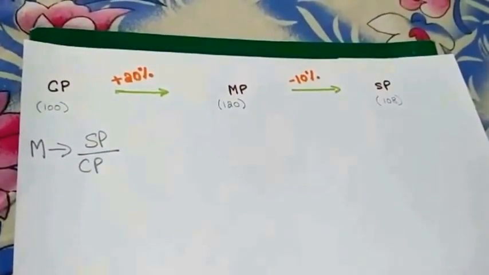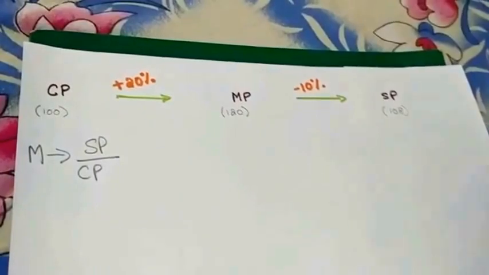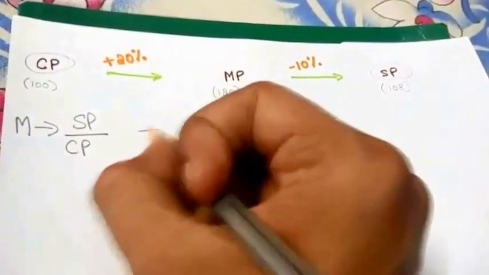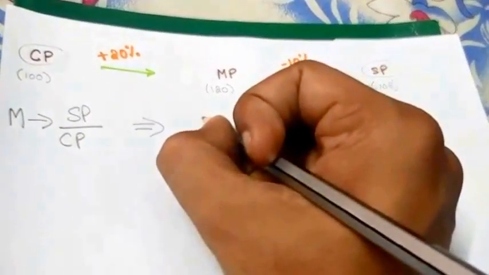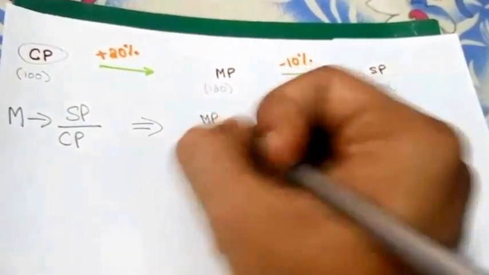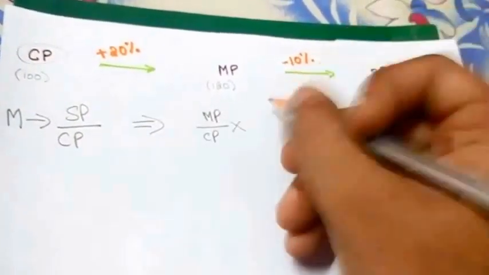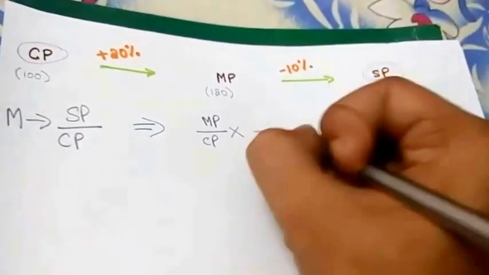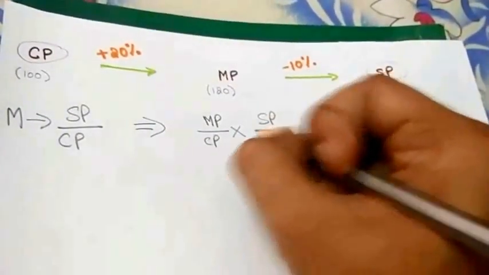We know the SP, we know the CP. So we can write it like this, right? We can say SP divided by CP into MP divided by MP.